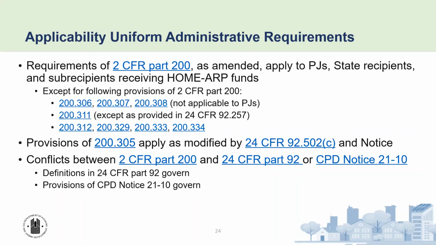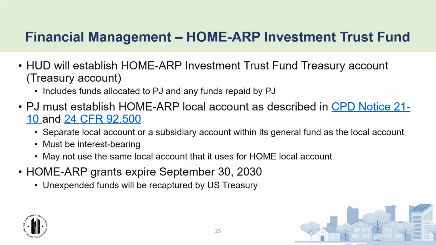Also, if there is a conflict between the provisions of 2 CFR Part 200 and the provisions of the notice, the notice will govern. Now, I'd like to turn it over to Peter to continue. Peter?